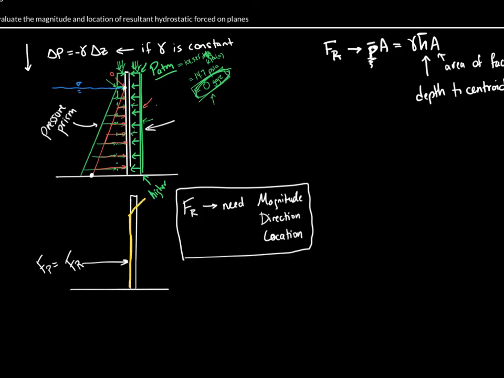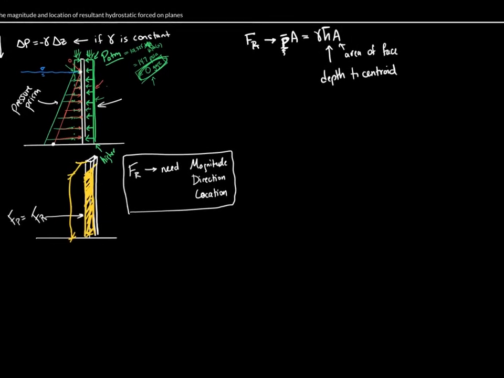So if I were to quickly sketch that in, like that, oh boy, I'm doing not a great job. If this were my gate, then it would be this face right here, like this, as best I can draw it. So it would be whatever this depth is times whatever this width is, and that would be that area.